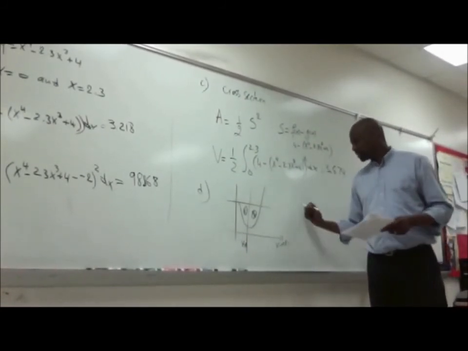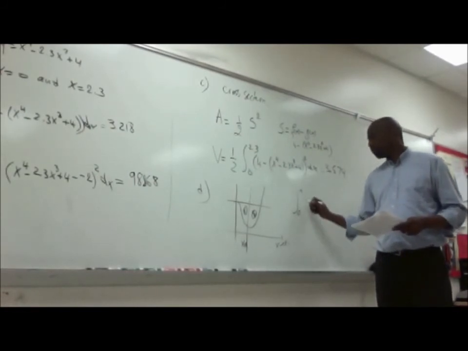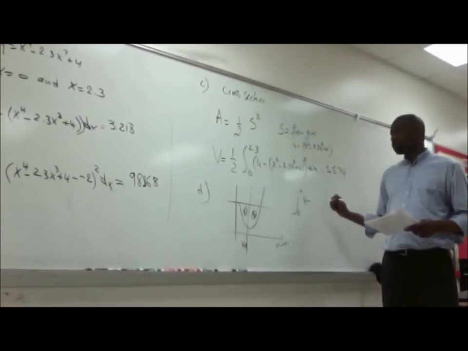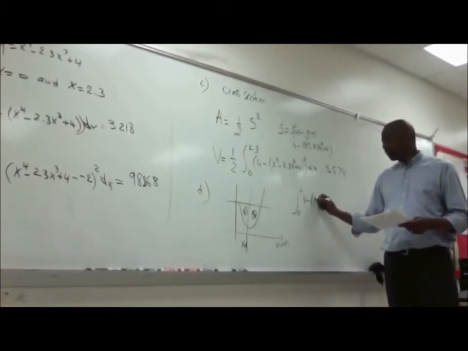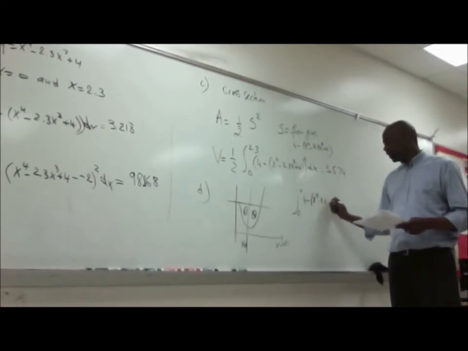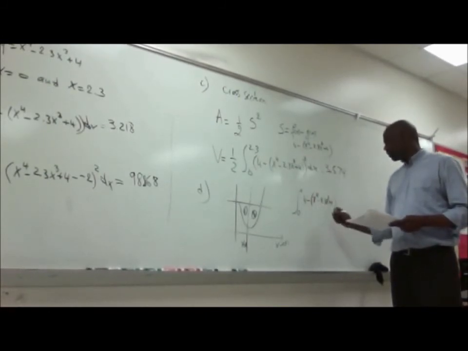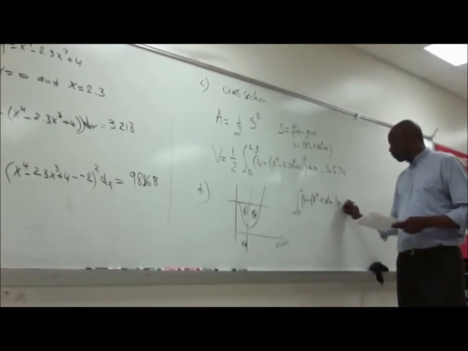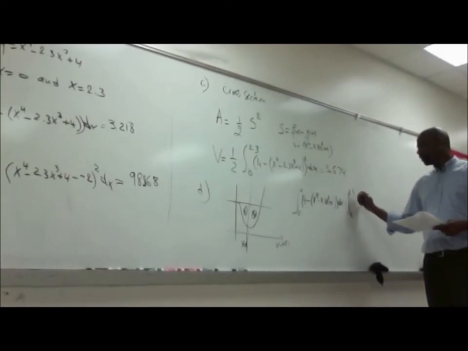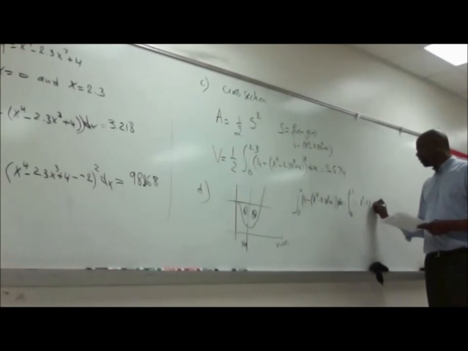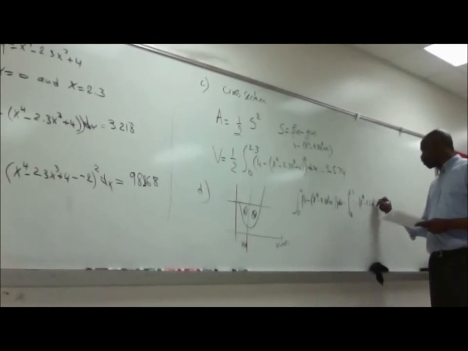I don't know what this k is, but the integral from 0 to k of 4 minus x to the 4 minus 2.3 x cubed plus 4 dx equals the integral from k to 2.3 of the same expression dx. That's all you have to do.